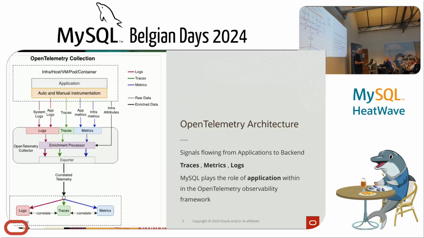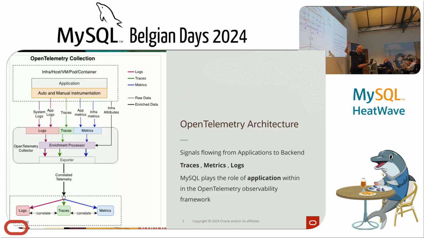There are three main elements in this standard: the traces, the metrics, which we have implemented, and then there are logs. We have not done logs, at least yet, because we need to figure out if it's essentially the same as the error log, or what to do. Should we just send everything we have in the error log to this, or do something else? I'm not sure. But anyway, we have implemented traces.